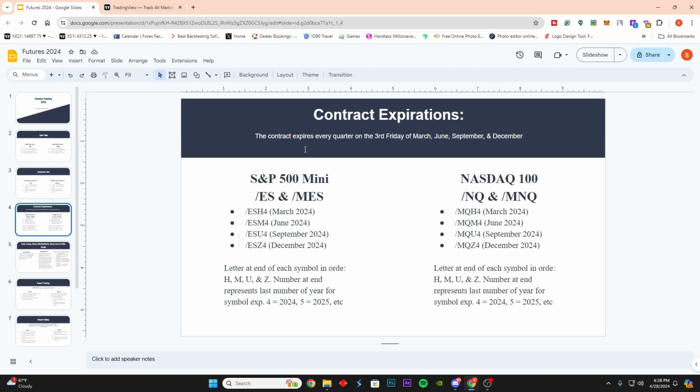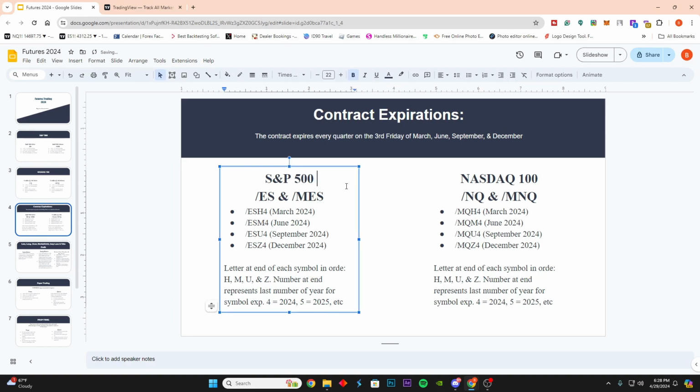It is important to understand why these expire though, because after every quarter, people are looking to trade the newest contract, and you want to make sure you're trading the contract with the most volume. So as you can see here, for the S&P 500, whether it be ES or MES, if it was MES you would just put the M at the beginning.